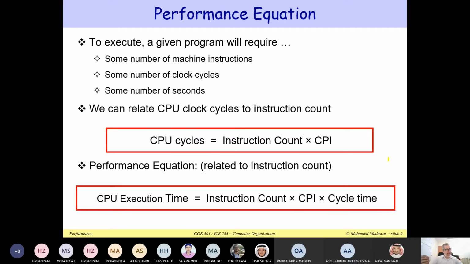Each cycle has a time duration, according to the clock cycle, or the clock period, defined in nanoseconds. So you multiply the number of clock cycles by the cycle time. This will give you the number of seconds needed to execute a given program. Now, remember that I talked in the previous slide about the average CPI.